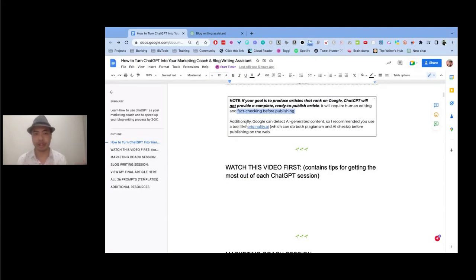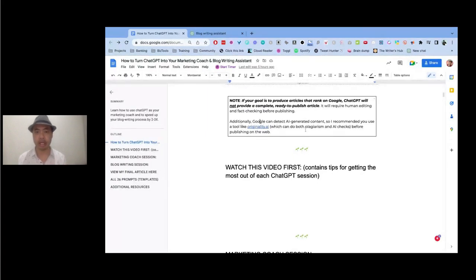The second major thing to note is that Google has in its algorithm the ability to detect AI generated content. They have an entire algorithm designed to look for what they're calling spam content, which is completely auto-generated content, which would fall under something that you might produce in ChatGPT. So I recommend you use a tool like originality.ai, and there's a link to it here.